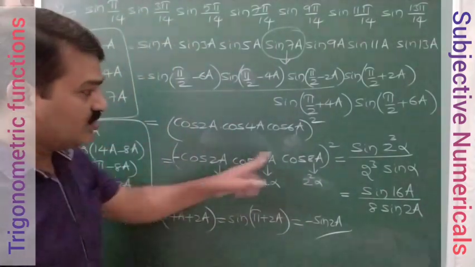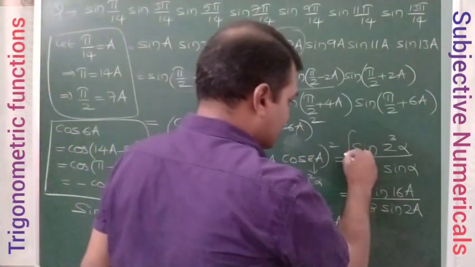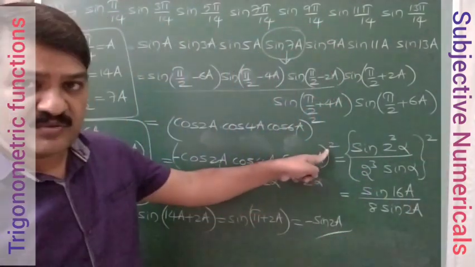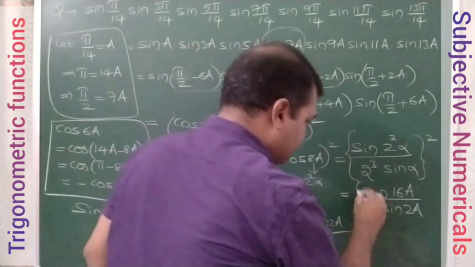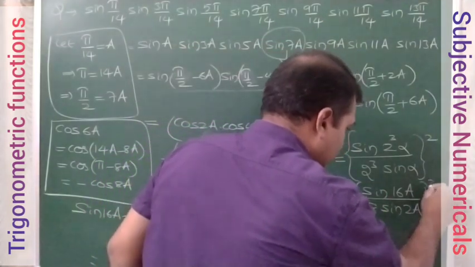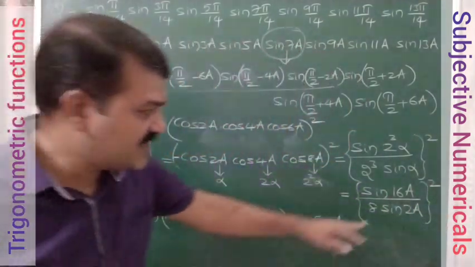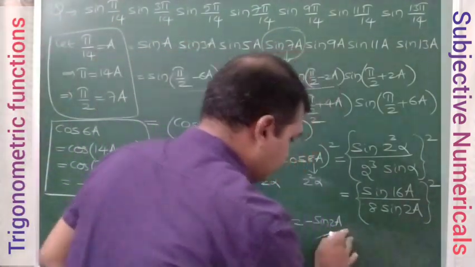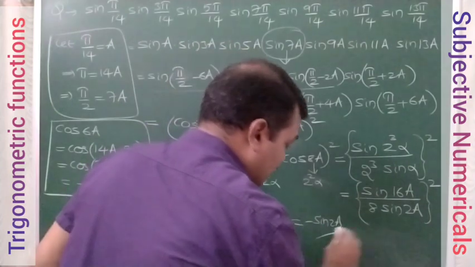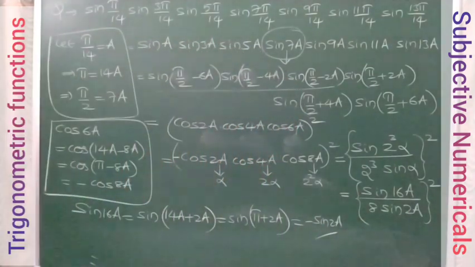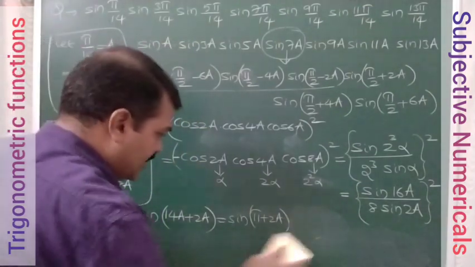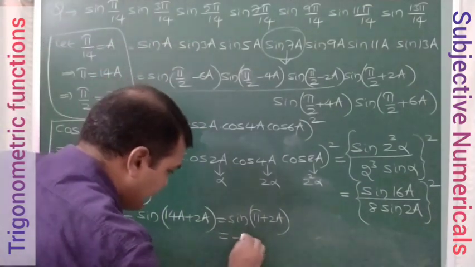And one more thing, whole square is there. I did not write the whole square actually, but whole square will be there. You can see whole square is there, no? Okay. Right. So what is sine 16a now? Sine 16a is minus sine 2a. Okay. So therefore I can write this as minus sine 2a.